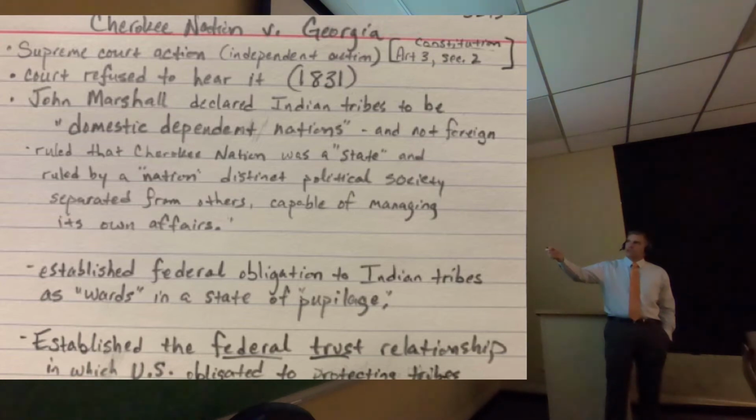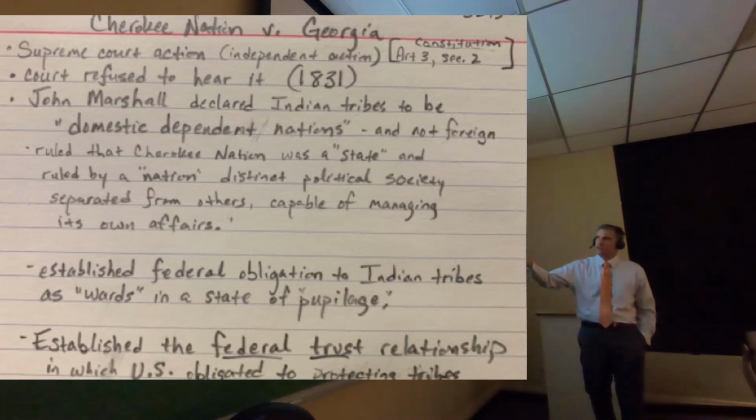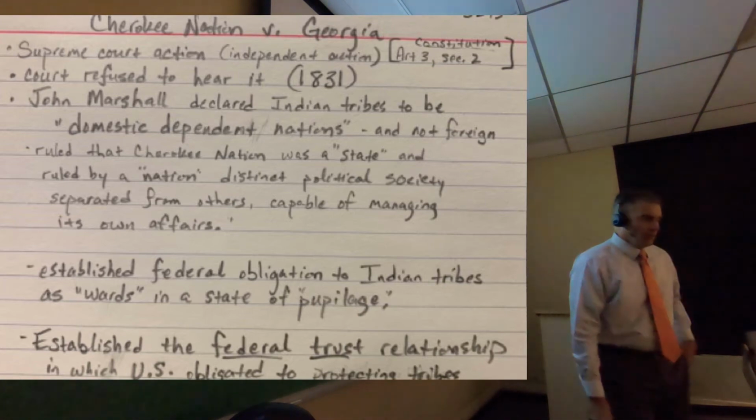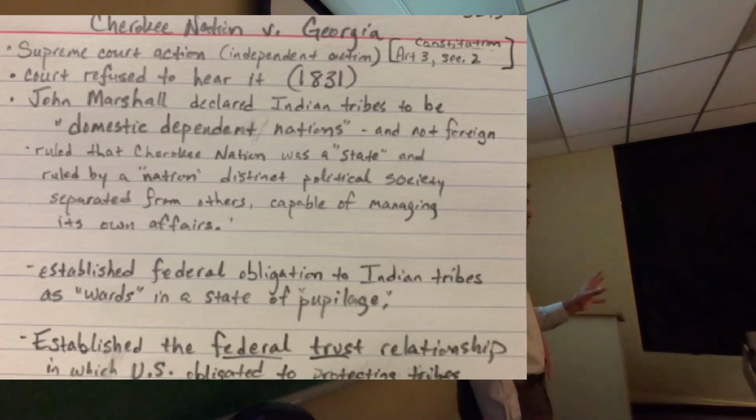John Marshall declared Indian tribes to be domestic dependent nations, not foreign nations, and therefore ruled that the Cherokee Nation had its presence as a state and was ruled by a nation which is a distinct political society separated from others, capable of managing its own affairs. In other words, it was sort of a double-edged sword.